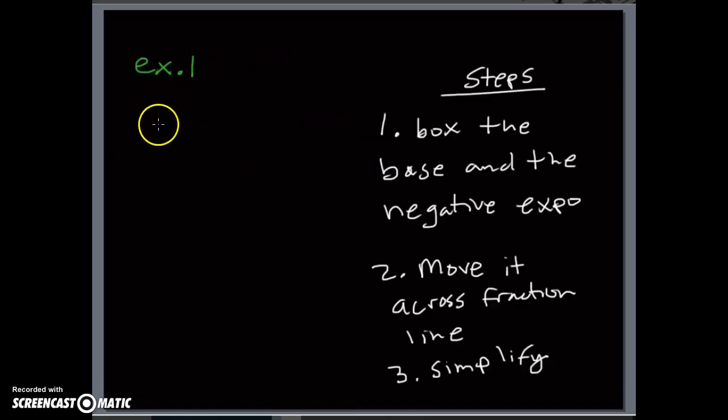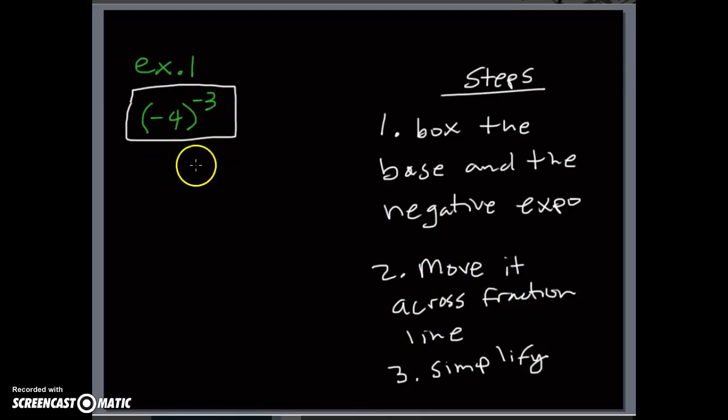So we have example 1. Let's say for example we've got negative 4 to the negative third power. My first step is going to be to box the base and the negative exponent. Here the base is negative 4 because the negative is inside the parentheses. In order to make the exponent positive, I've got to move it across the fraction line.